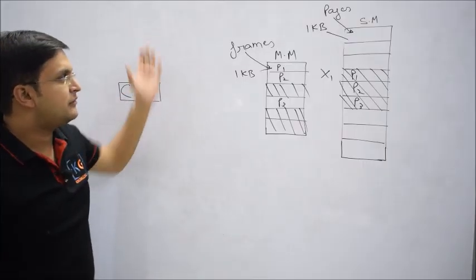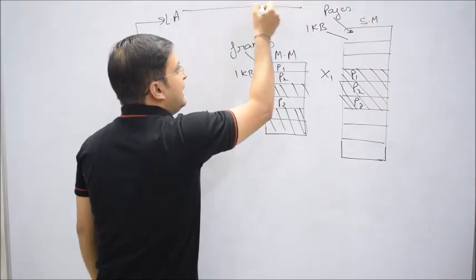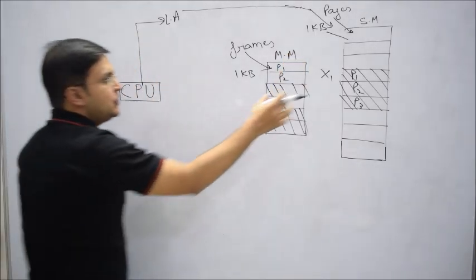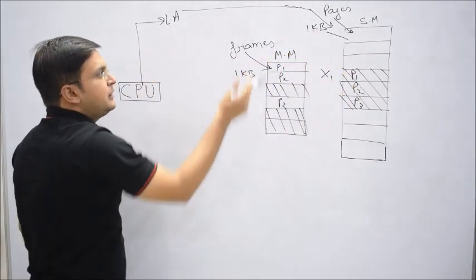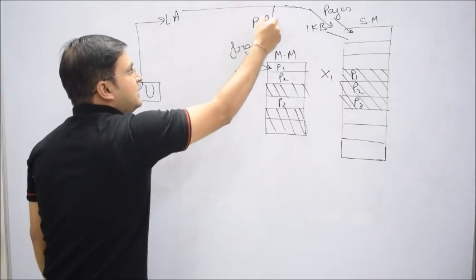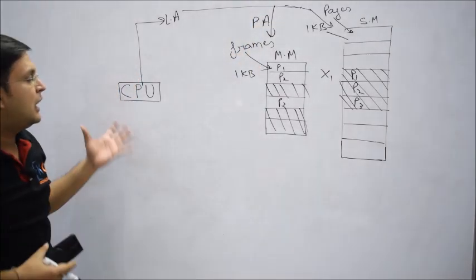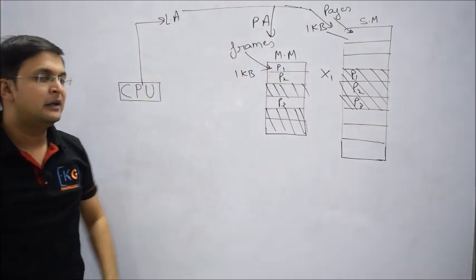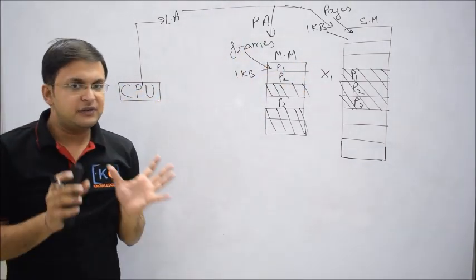But now I have to discuss a major thing. CPU again will generate a logical address, and that logical address will be for secondary memory. But now you have taken the process and put it into main memory, and to access main memory you require a physical address. Now the question is how you will translate that logical address into a physical address, because in contiguous memory allocation it was an easy thing to do.